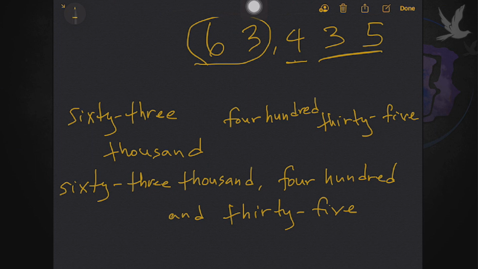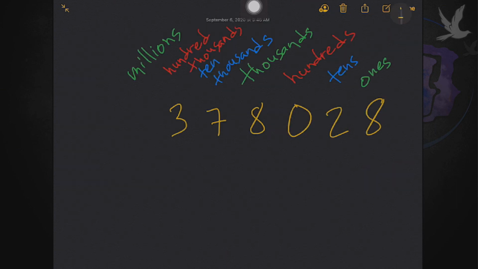Let's try to add a certain digit. Okay, so we now have 378,028. Again, we have certain families here. We have the basic units family and the thousands family. And since numbers are basically grouped into three, starting from the ones, so that's ones, tens, hundreds, put a comma over here.